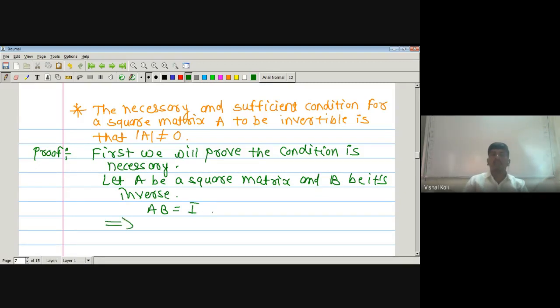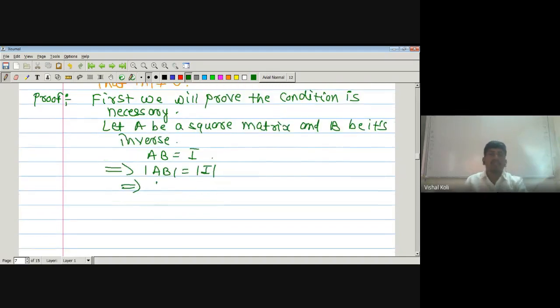Now take the determinant of both the sides. Then determinant of AB is equal to determinant of I, and determinant of A into B is nothing but determinant of A into determinant of B, which is equal to determinant of I. Determinant of identity matrix is always 1. So now determinant of A into determinant of B is nothing but 1.